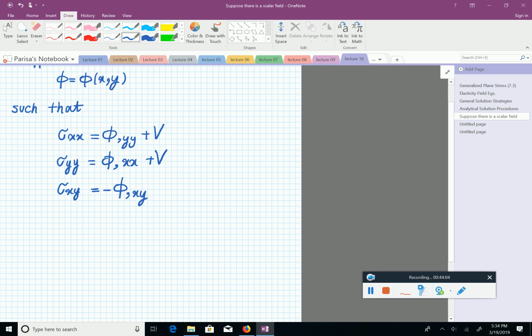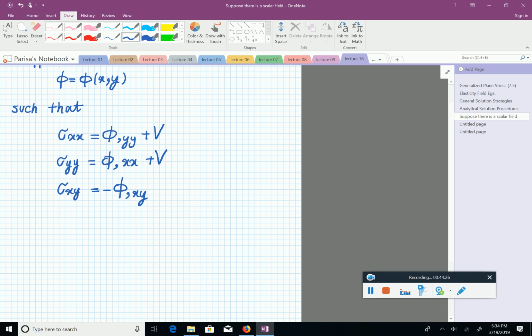Suppose that you are able to find such a field which is related to the stress components through these relationships. You can show that if you define the stresses using these equations, all the equilibrium equations are going to be trivially satisfied.